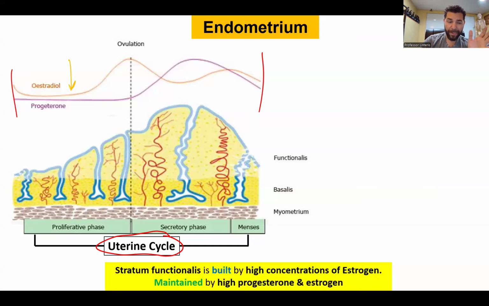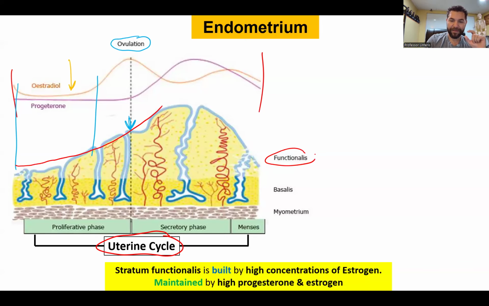So you can see during the beginning, and I'll just kind of draw this down here, in the beginning of the cycle, there are low levels of progesterone, and estrogen is the more dominant hormone, right? This is where ovulation occurs, right here, about the middle-ish. As that estrogen is the dominant hormone, and there are various reasons we'll talk about why it starts to increase, you can see that this correlates to an increase in the thickness of the functionalis layer, right?